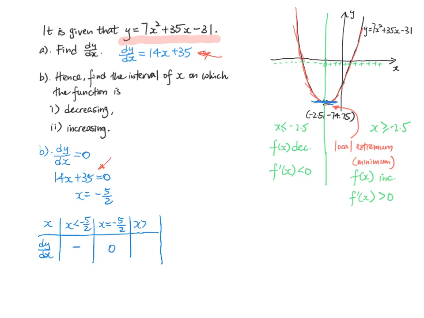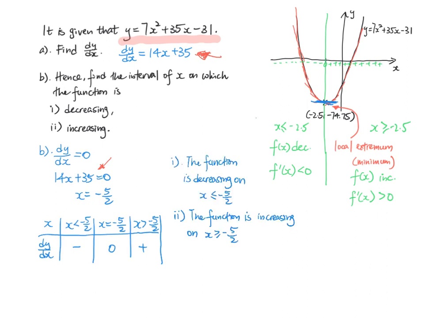Likewise, if you put in, say, positive 1000 into the derivative, okay, your dy dx would be positive. Okay, and so the function is decreasing on x less than or equal to negative 5 over 2, and the function is increasing on x greater than or equal to negative 5 over 2.